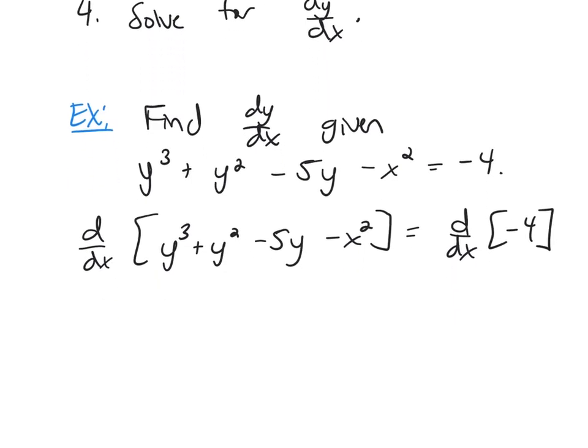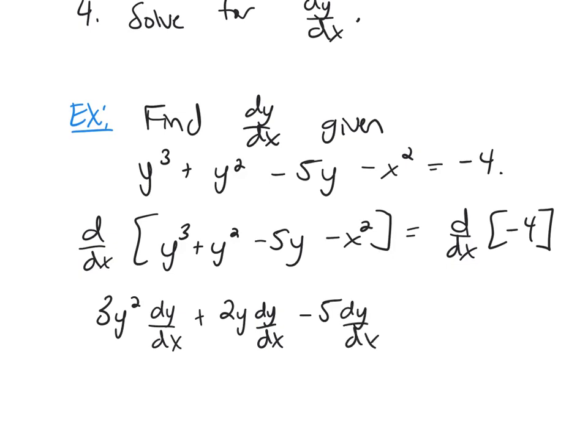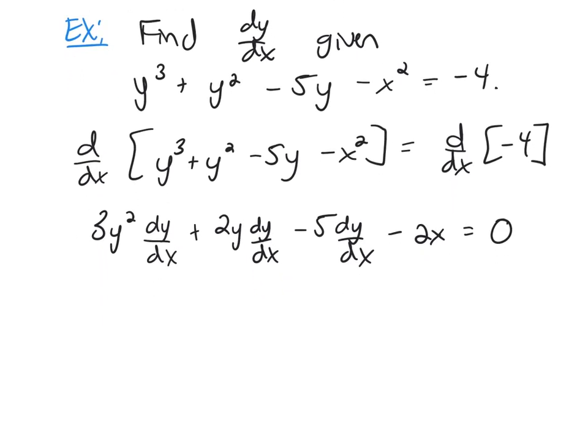So y cubed, it would be 3y squared dy dx. Y squared would be 2y dy dx minus 5 dy dx. The derivative of x squared is 2x. And the derivative of a constant is 0, so you get 0 for the right-hand side of the equation.